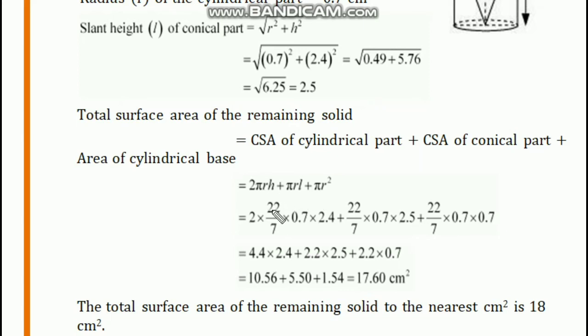Then substitute the values in the given formula. Finally we get 17.60 centimeter square. So the total surface area of the remaining solid to the nearest centimeter square is 18 centimeter square, that is the rounded off value.